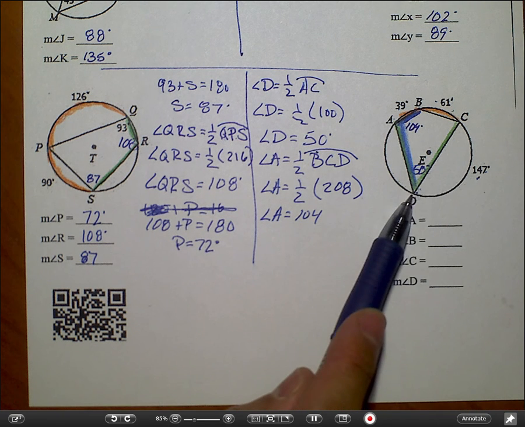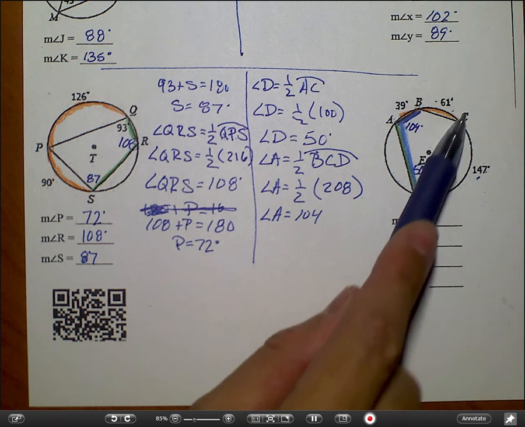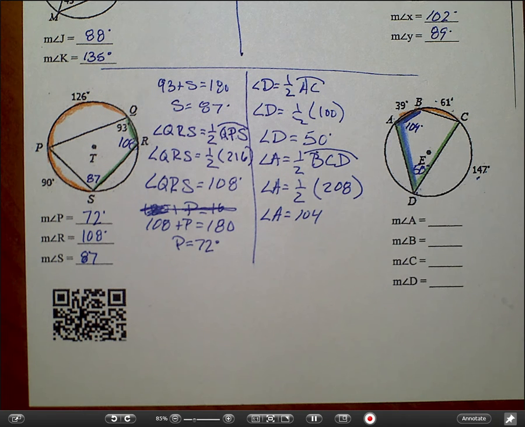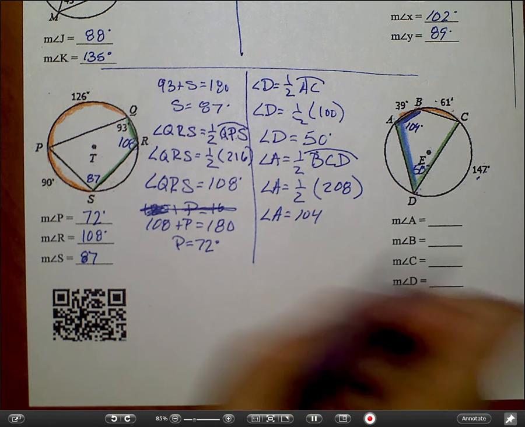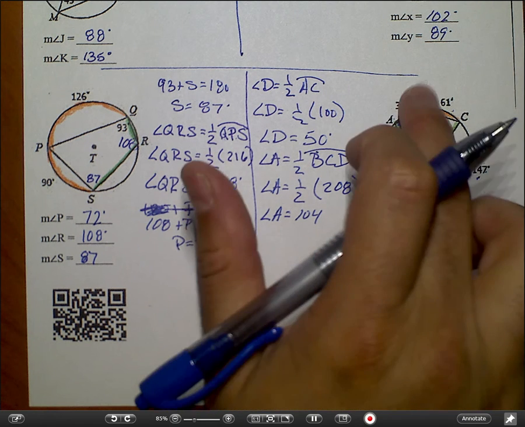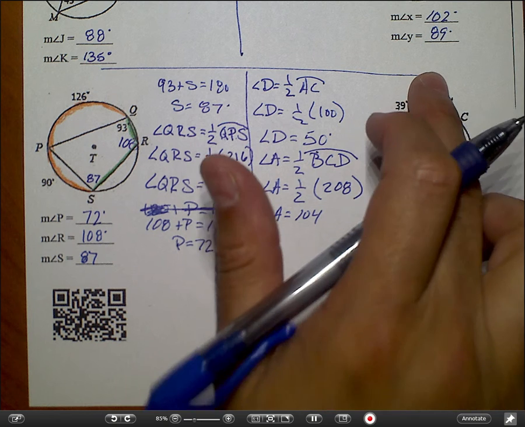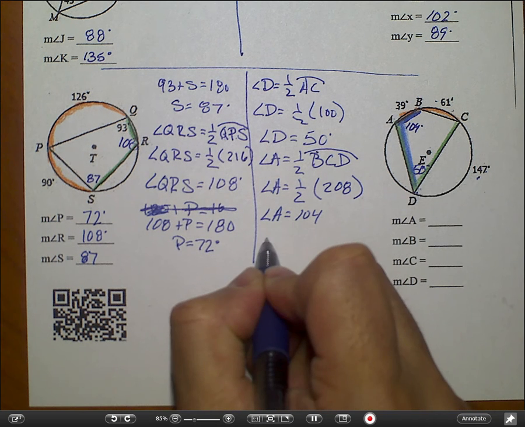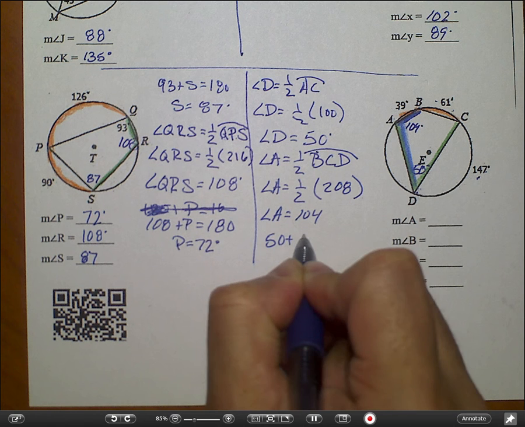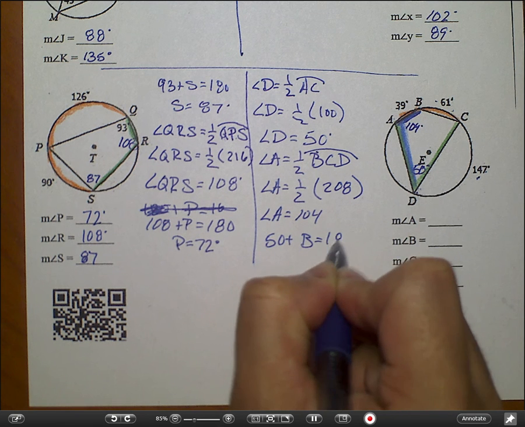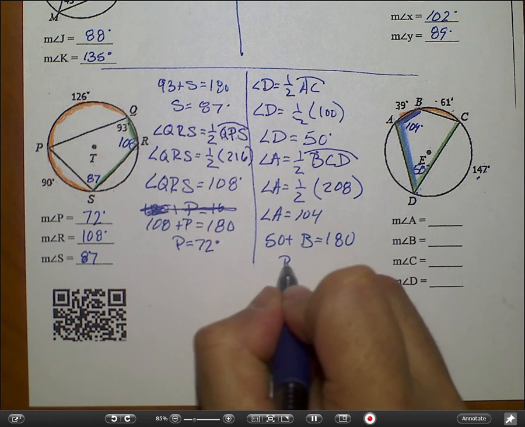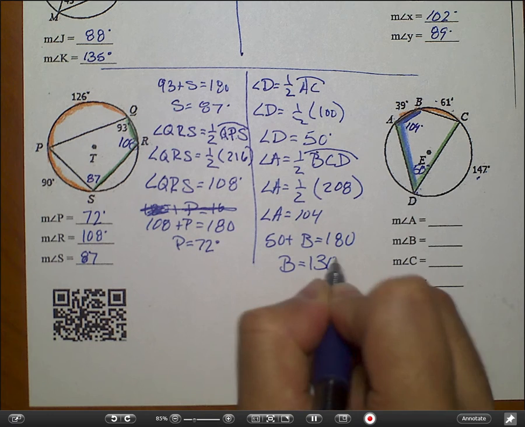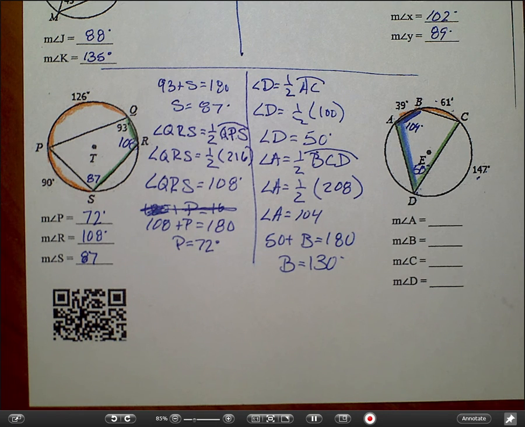D is on the same line as C. So the endpoints are A and C, but the opposite is B. Since they're opposite angles in an inscribed quadrilateral, together they add up to 180. So 50 plus B equals 180, which is 130. B is 130. So I'm going to put that right there.